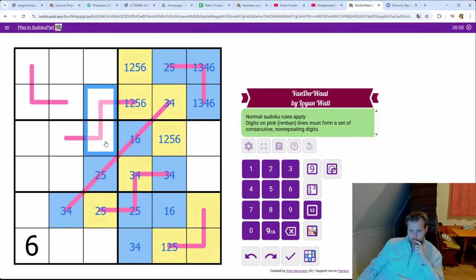The 3, 4 is up here, and the 3, 4 is up here.